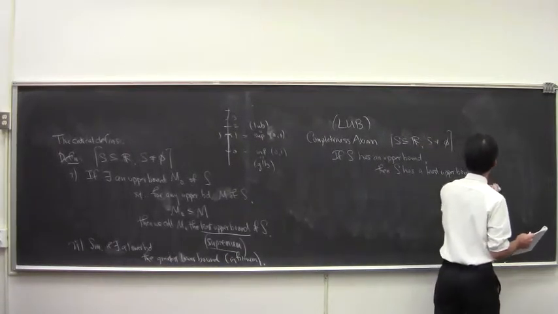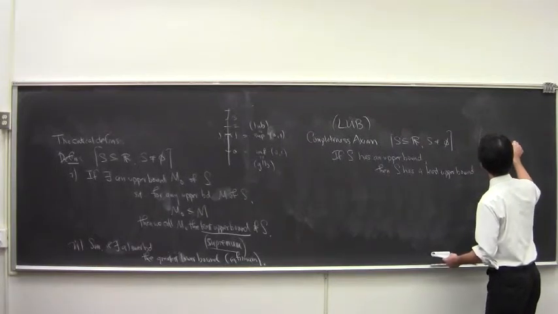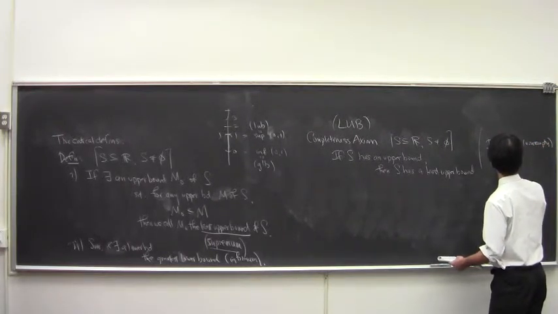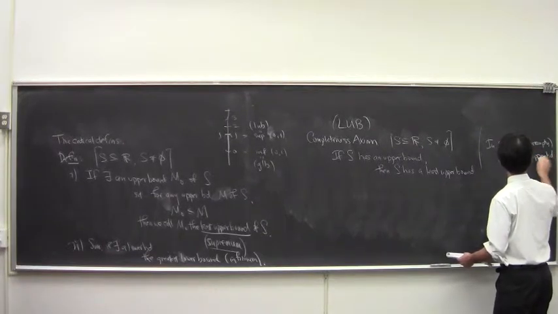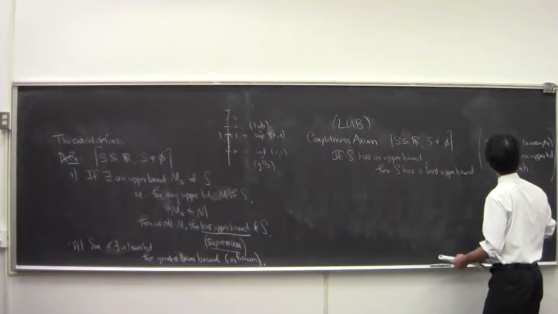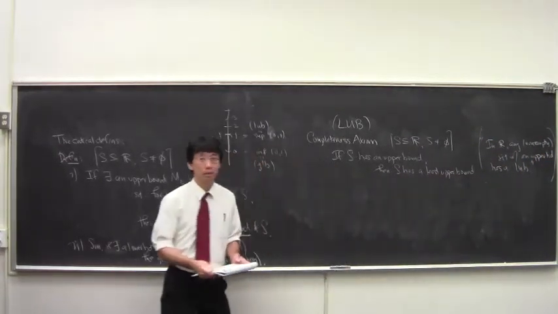Right. So in R, any non-empty set with an upper bound has a least upper bound. Okay.